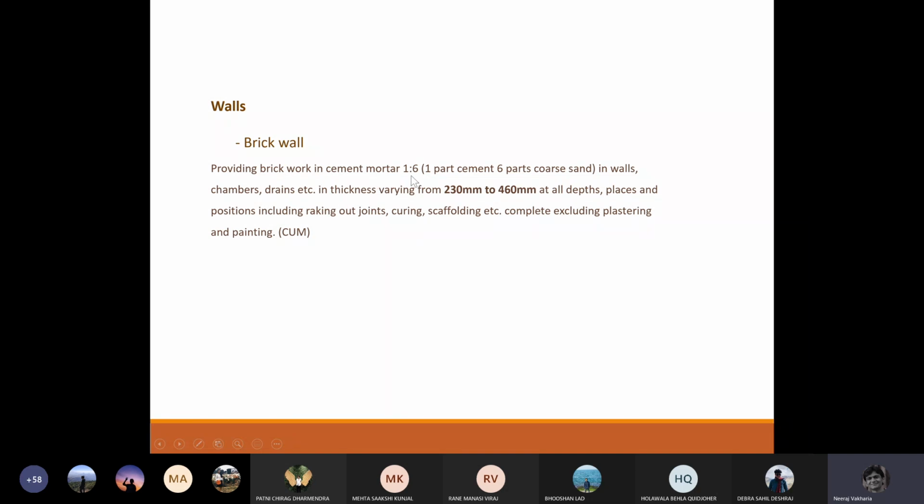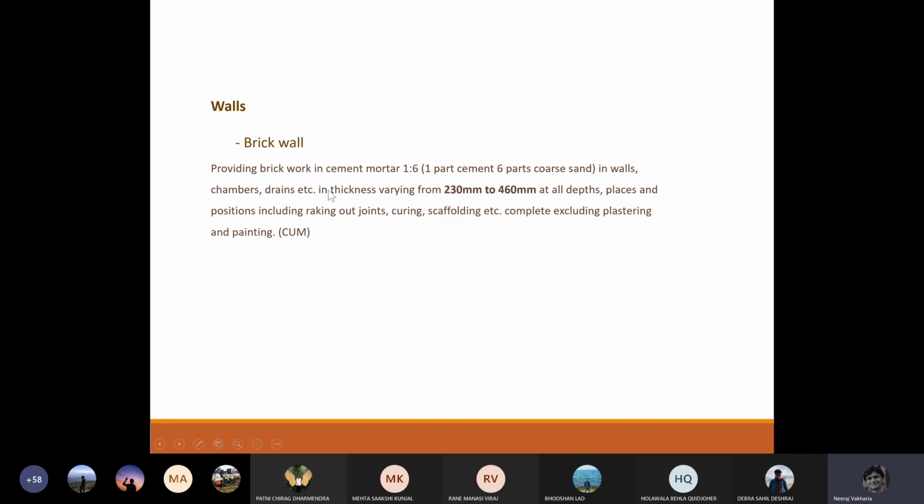So one part of cement, six parts of coarse sand, in walls, and then where we are using this, that we have to mention. So it might be for walls, it might be for chambers, for drains, for vaults, for jali, wherever, whatever it is, you have to mention what you are using, how you are using, and where you are using.